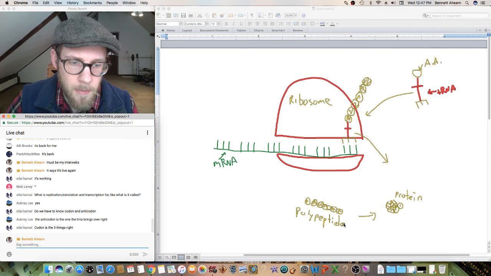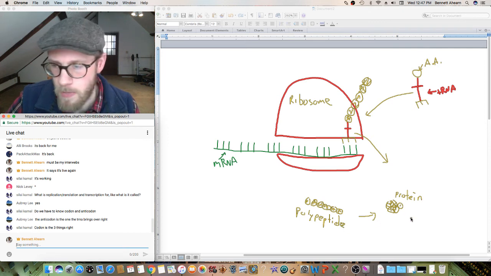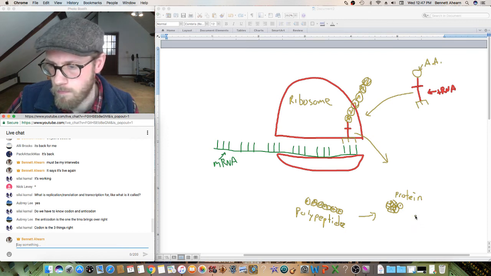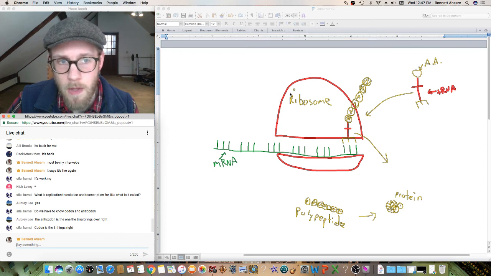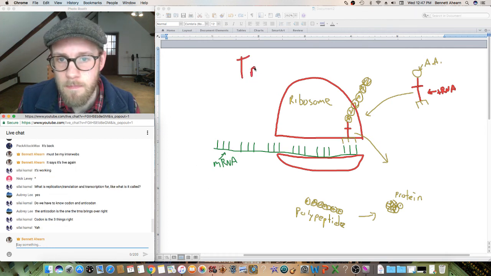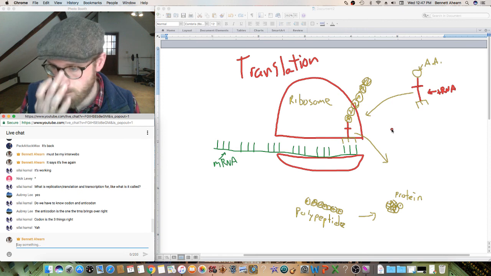So polypeptides fold to become proteins like that. Okay? Make sense? And this is translation.